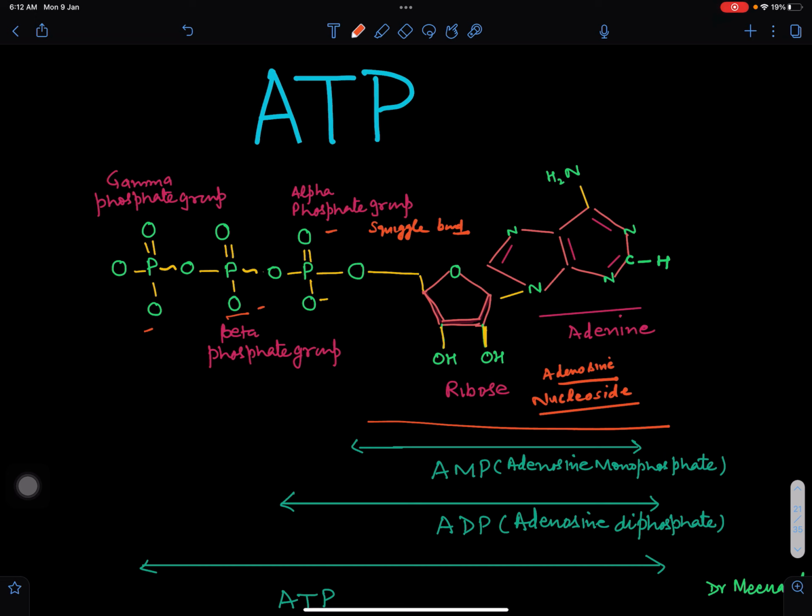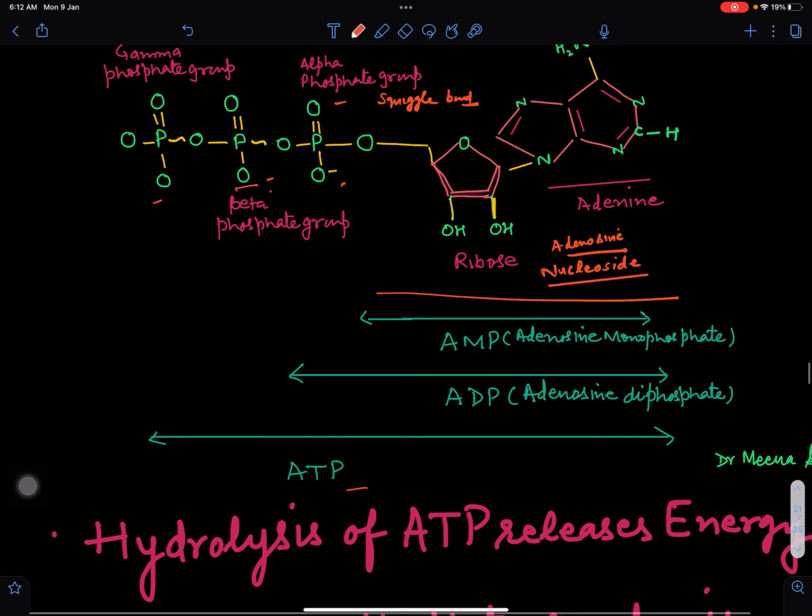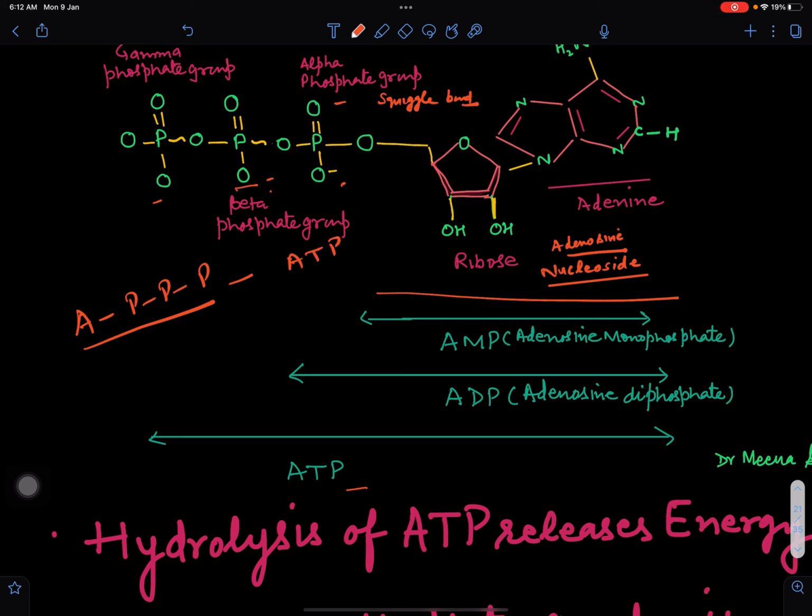And when it gets associated with two phosphates, this is one phosphate, this is second phosphate, this is called adenosine diphosphate. And when three, this is called adenosine triphosphate. When this is A-P-P-P, we have three phosphates. This is called ATP, right?